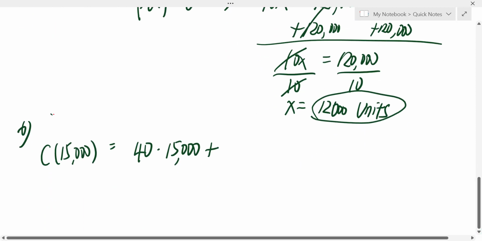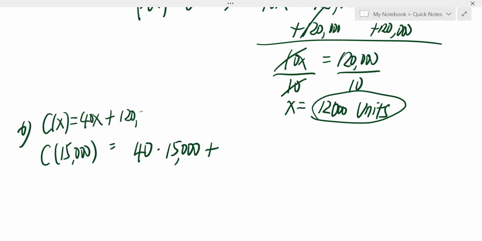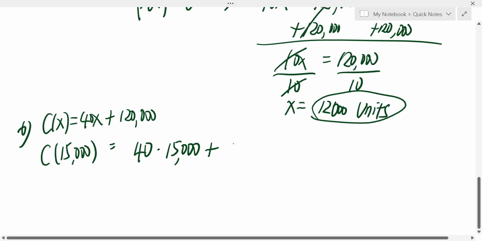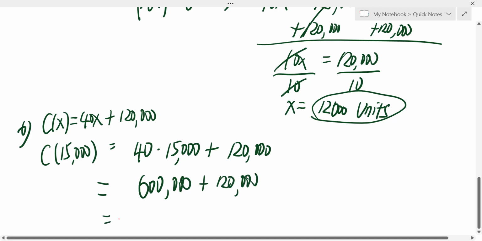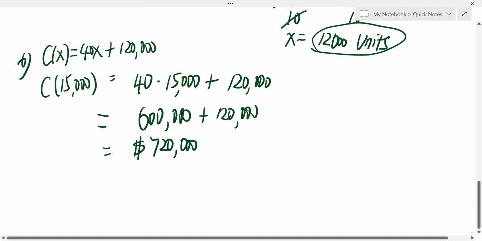So plug into the cost function. The cost function is 40x. So 40 times 15,000 is 600,000, then plus 120,000, is 720,000 total cost.